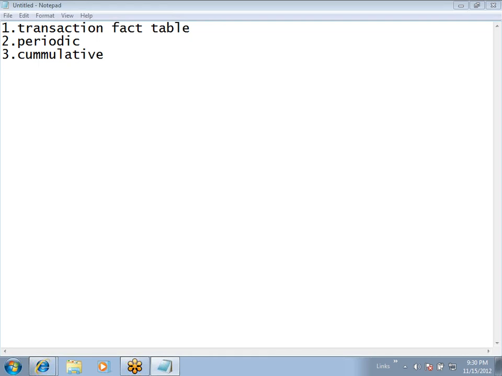We perform many aggregation operations on the data, and once we have performed those, then we load. That's the reason the facts we have in the cumulative fact table are very high level aggregated facts, and the size of that fact table is very small compared with transaction and periodic. And in the cumulative fact table, the dimension tables.